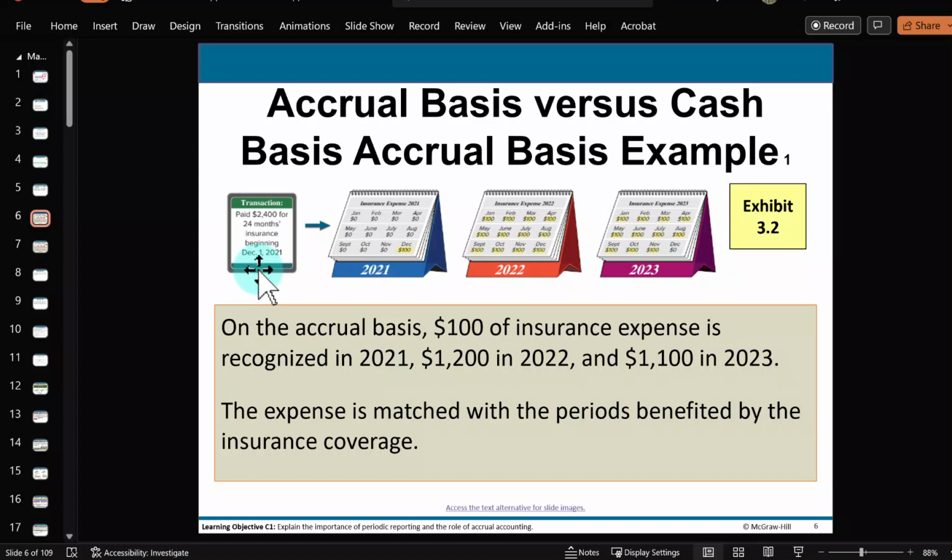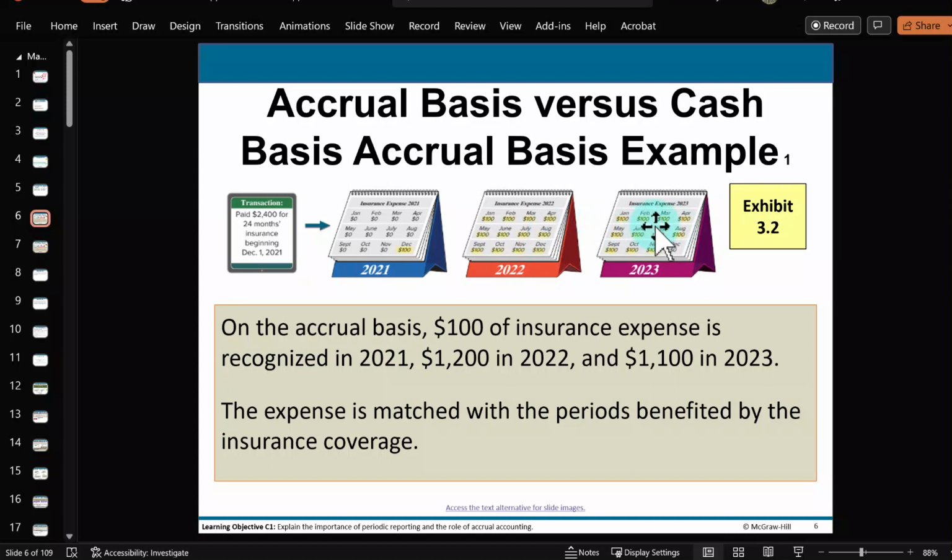So if you were using the cash basis method of accounting, you would deduct all of that $2,400 cost at the time you pay it here on December 1st, 2021. But the coverage is only going to be covering 1 month in 2021 and 12 months next year in 2022 and the remainder 11 months in 2023.